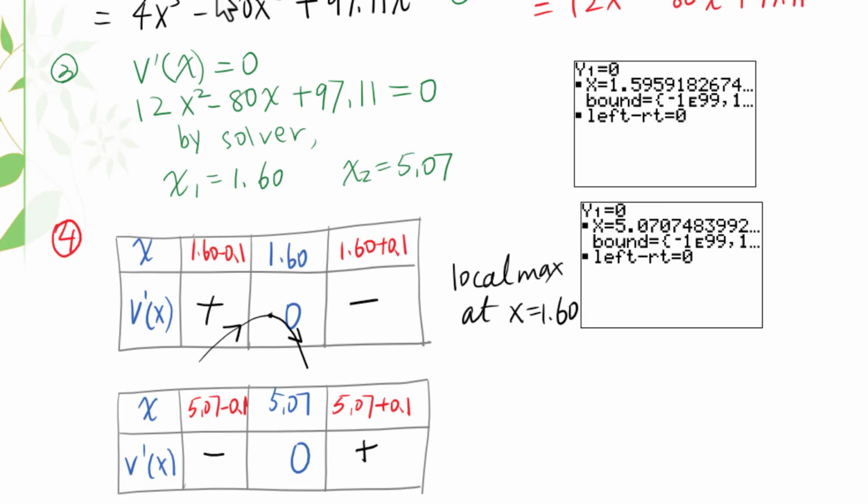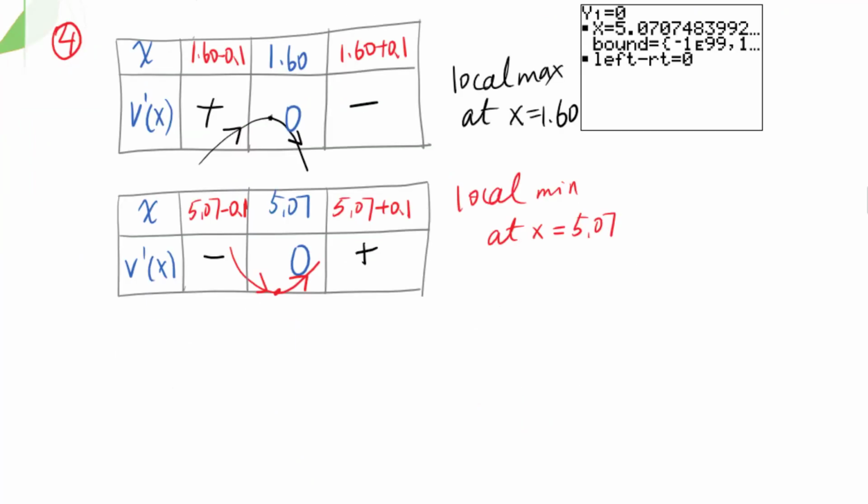Sketch the graph like this. Going down, then going up. So local minimum at x equals 5.07. We need to figure out the local maximum volume.